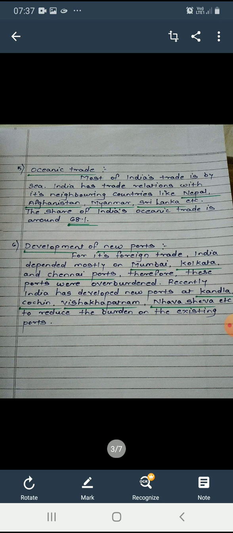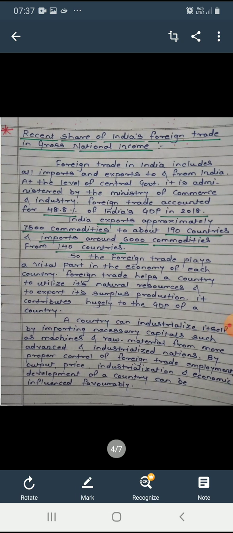Now we turn to the activity: find out the recent share of India's foreign trade in gross national income. See, foreign trade in India includes all imports and exports to and from India at the level of the central government. It is administered by the Ministry of Commerce and Industry.